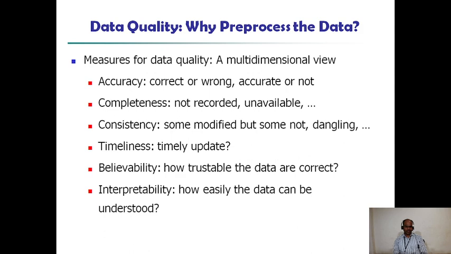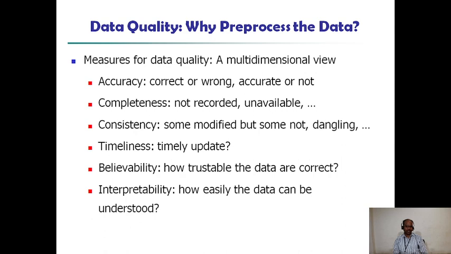Completeness means whether we recorded all the fields or not, all the available fields. Consistency means some modified but some are not, and dangling, etc., leads to inconsistency, means we need to take care of consistent databases.